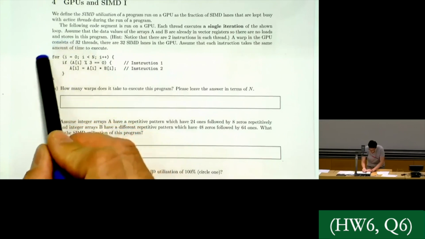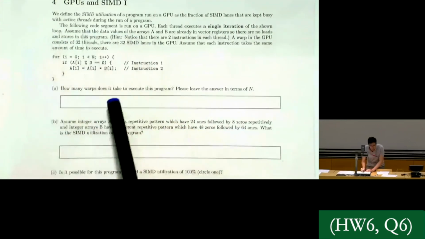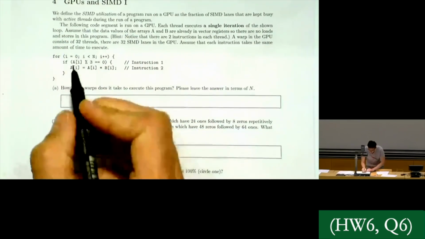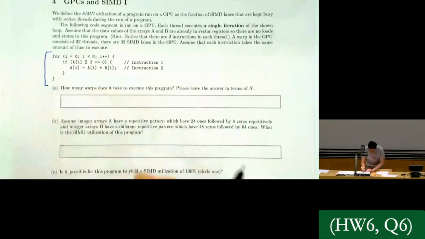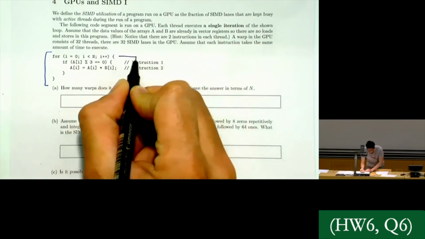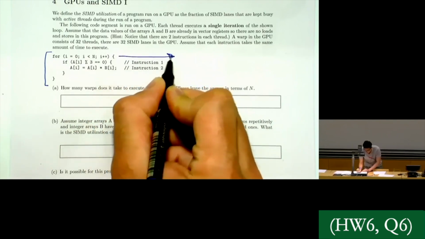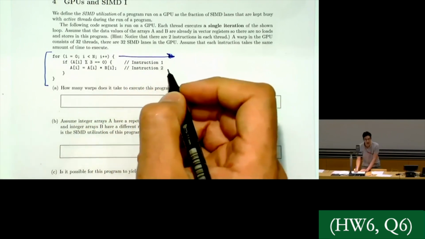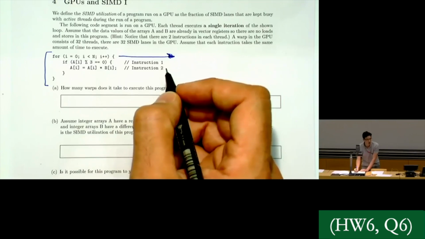The question gives us a piece of code, and this is essentially a for loop, as you can see. It says that this is going to be executed on a GPU. The way this is going to be executed on the GPU is by distributing the iterations of this loop across the threads that we have in warps.